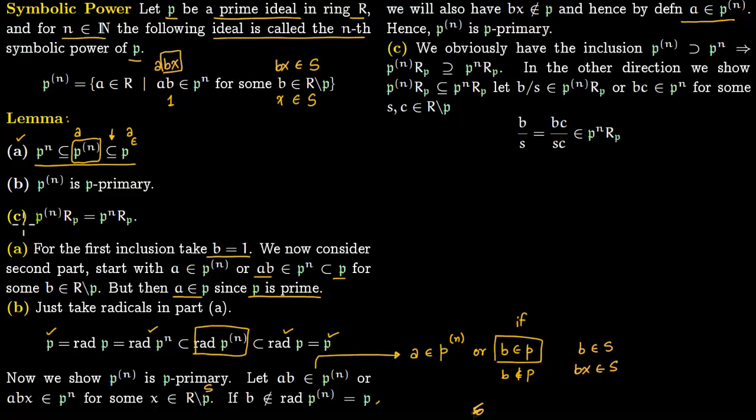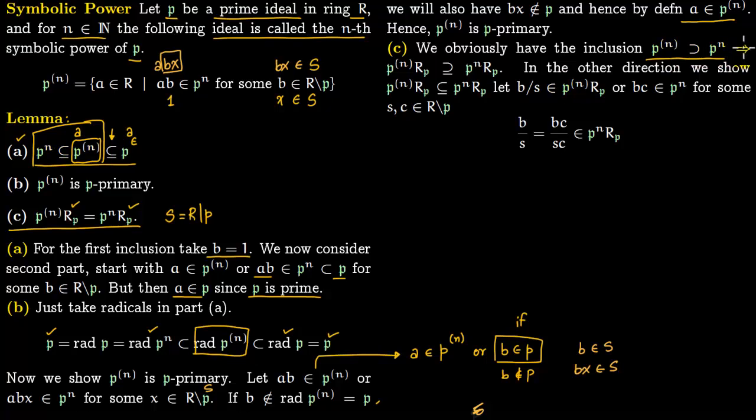So now we want to show this part C, this P to the symbolic power of n in this localized ring at prime ideal P is equal to P to the power of n, this ideal in the ring R localized at P. So both of these rings are localized at our prime ideal P. Obviously localization is with respect to this multiplicatively closed set S, which is R minus the prime ideal P. So first, this inclusion we are just copying from here.